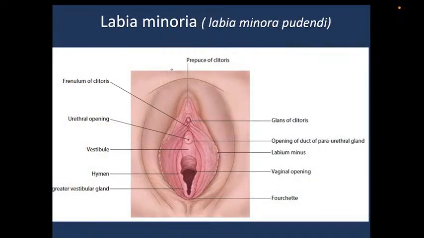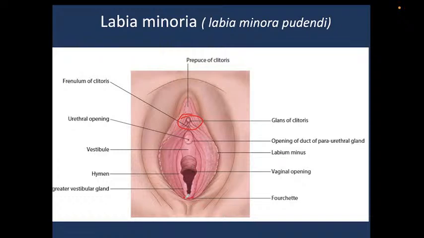Labia minora are two small folds, and they form in the upper part a special connection with the clitoris called the prepuce of the clitoris and frenulum.